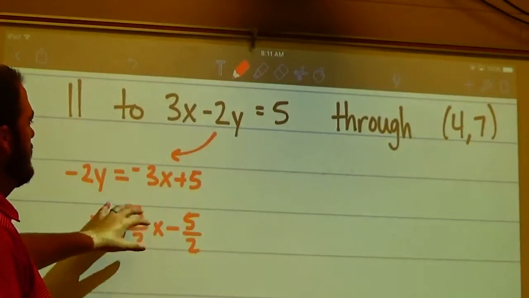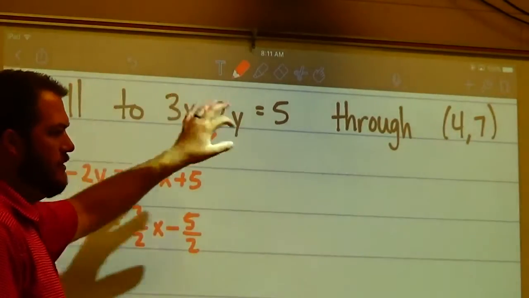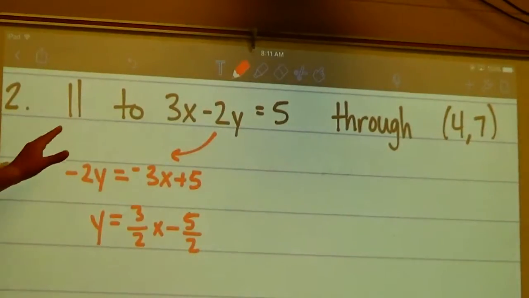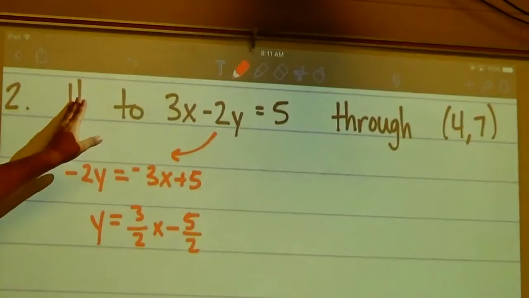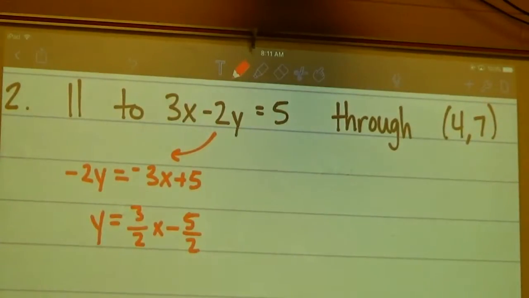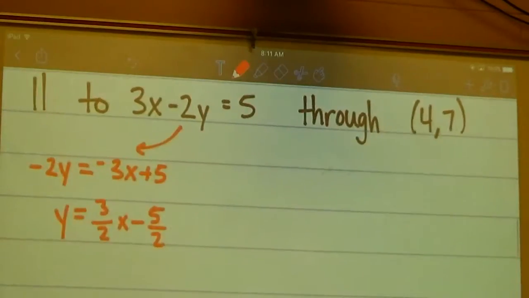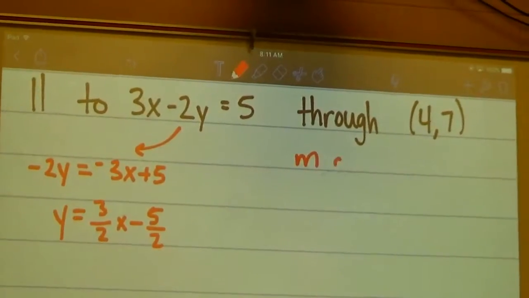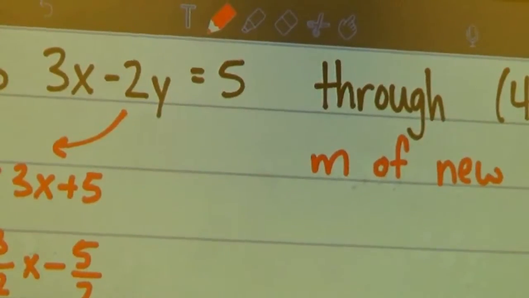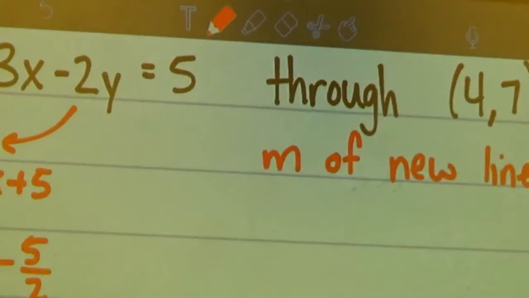So if it's parallel, what is our new slope going to be? Same. It's just going to be 3 halves. So the slope of our new line, m of the new line, equals 3 halves.